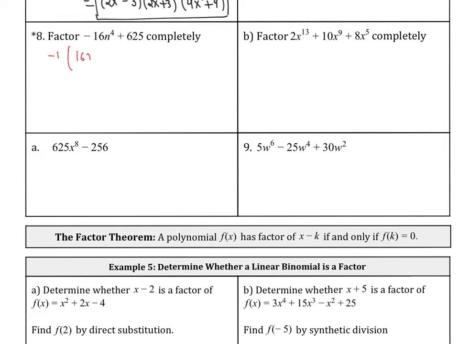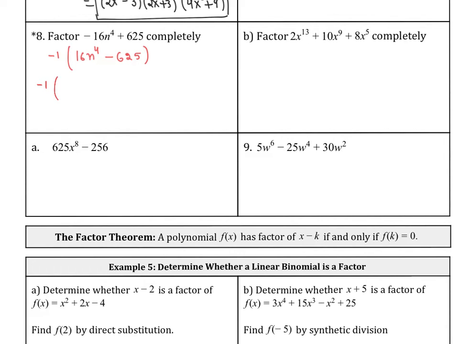So 16n to the power 4 minus 625 and bracket close. When you take out the negative factor outside, inside the bracket the signs change. So that's why this plus becomes negative. Now we are going to make it a difference of squares if possible.